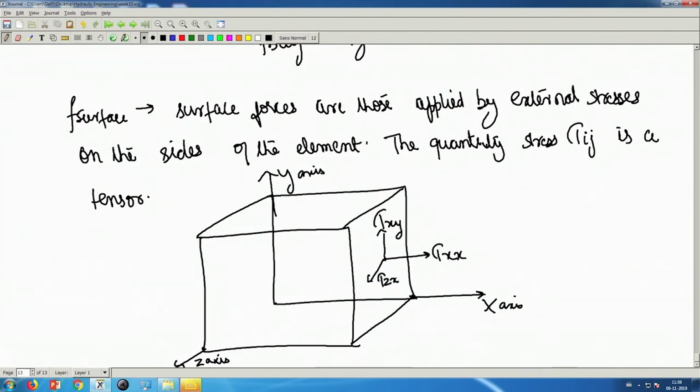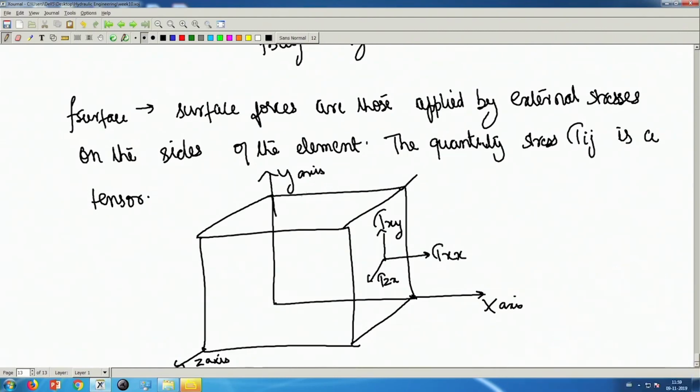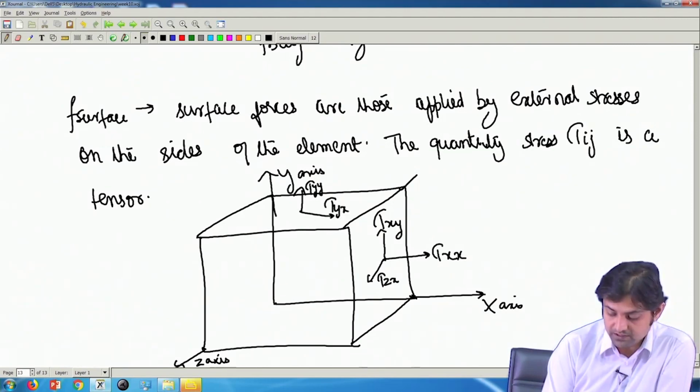So if we similarly write on the y surface, the upside is going to be tau yy, this is going to be tau yx, and this side it's going to be tau yz.